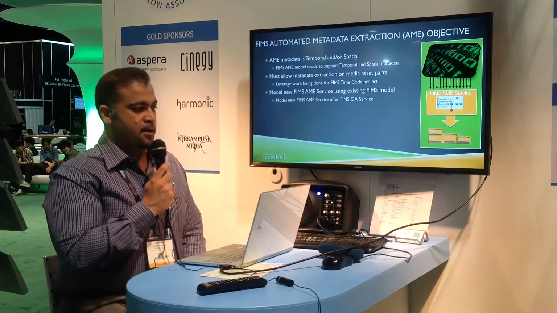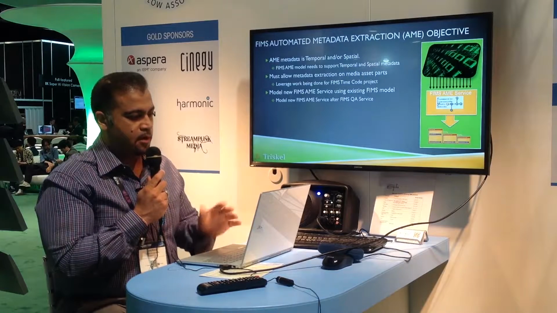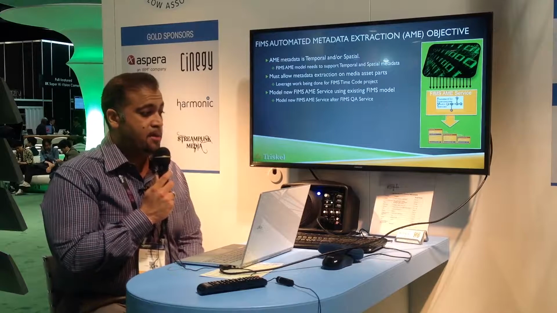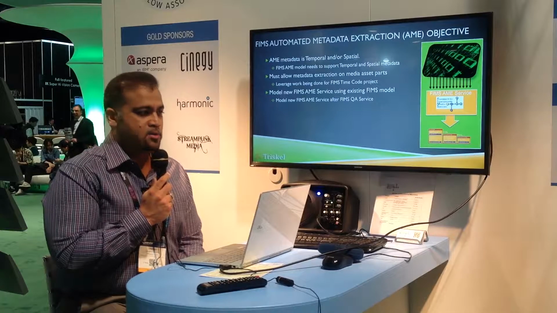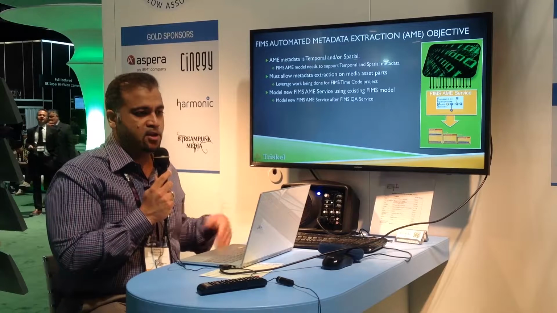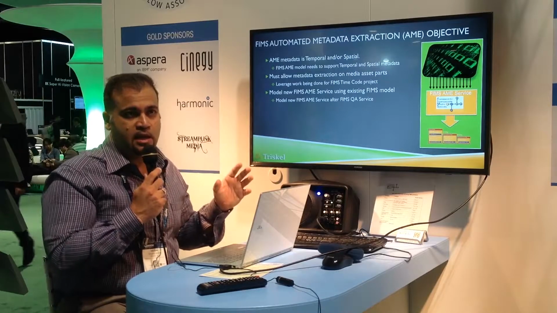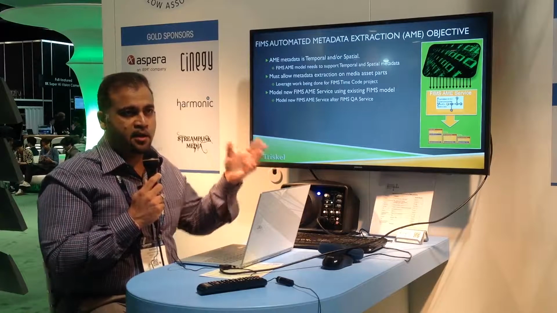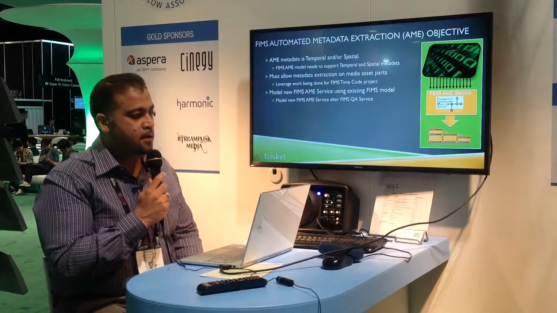So let's look at the objective of what AME is all about. There's information inside of AME that is both temporal and spatial. You could have information that's timecode specific. It could also be where within one scene something is detected; that's where your spatial metadata comes in.